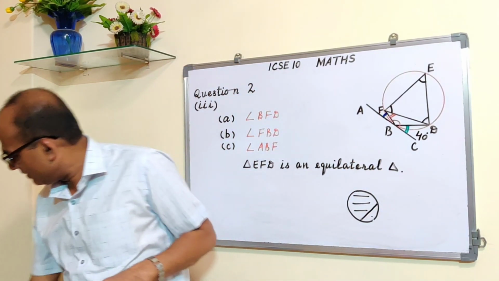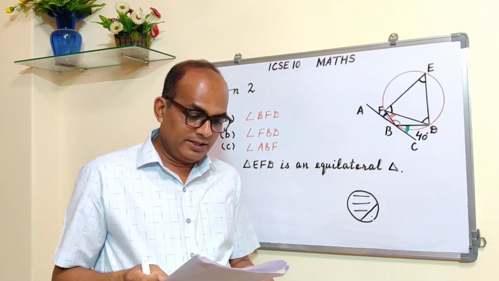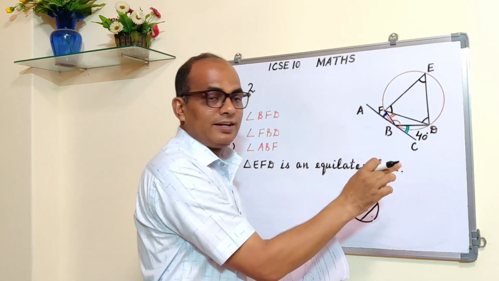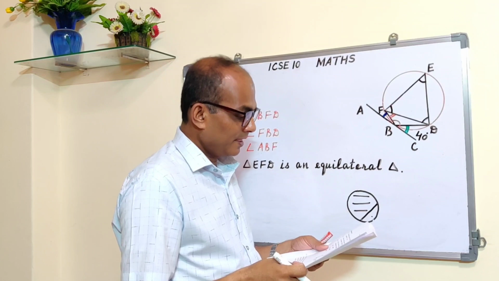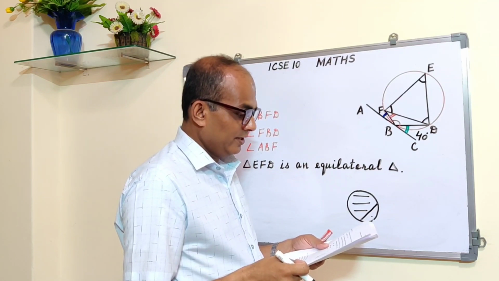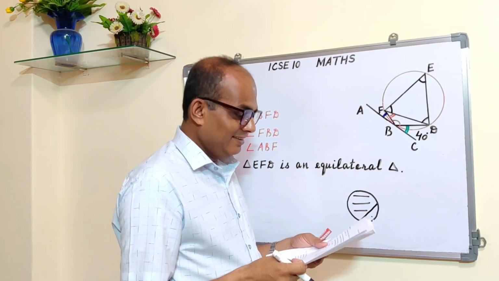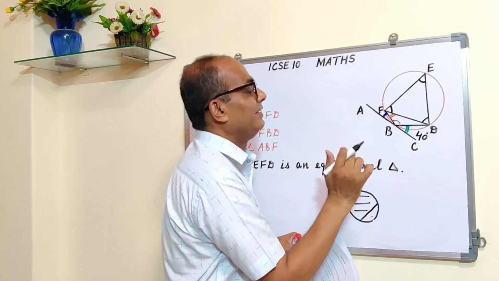It's given. In the given figure, AC is a tangent. ABC is a straight line. AC is a tangent, and B is the point of contact. AC is a tangent to the circle at the point B.